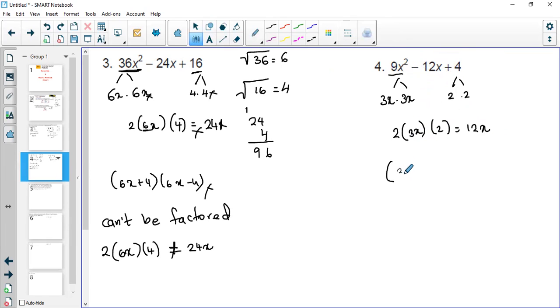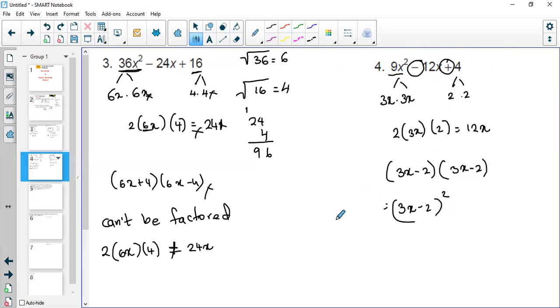How should it be? 3x minus 2, 3x minus 2. Only then if you solve, you will get this as the trinomial. So remember always, if the b term is negative and the c term is positive, your answer for factorization should be in a negative form. So we could rewrite this as 3x minus 2 the whole square because it's the same thing being repeated.